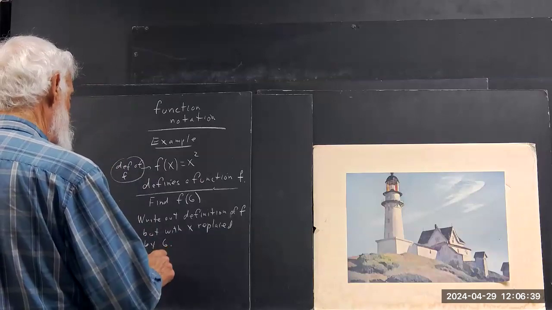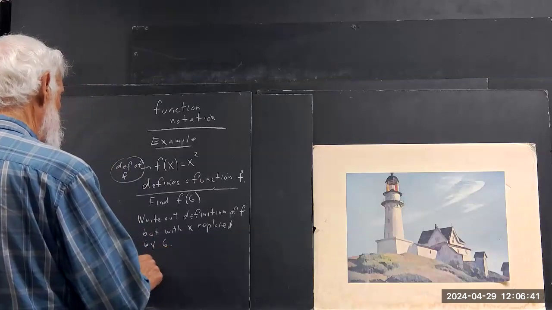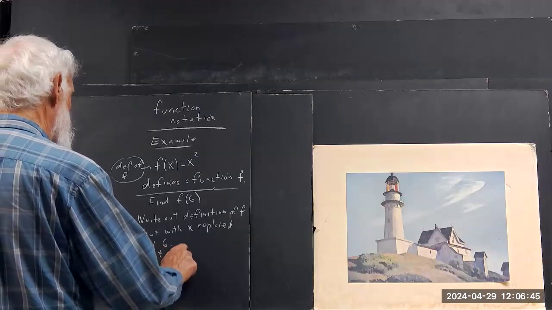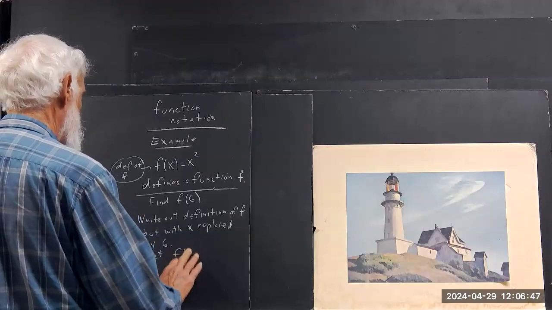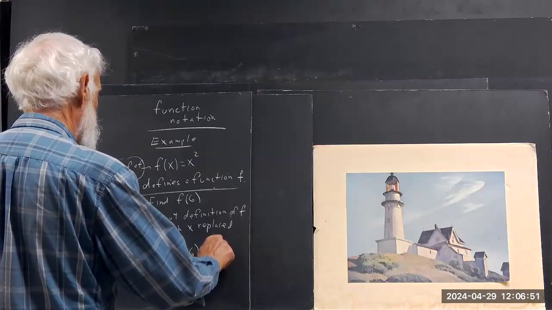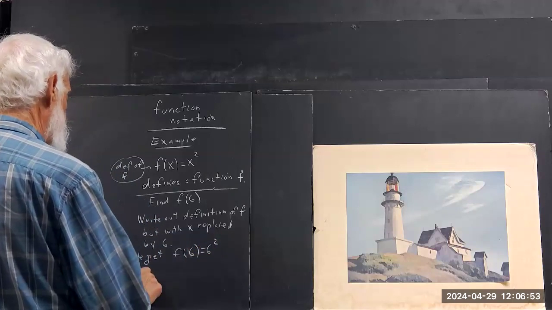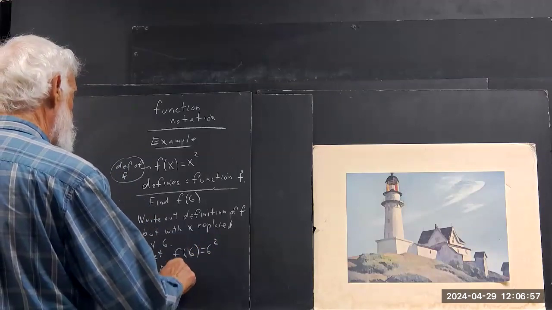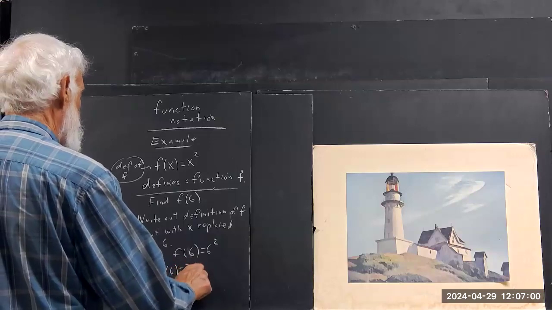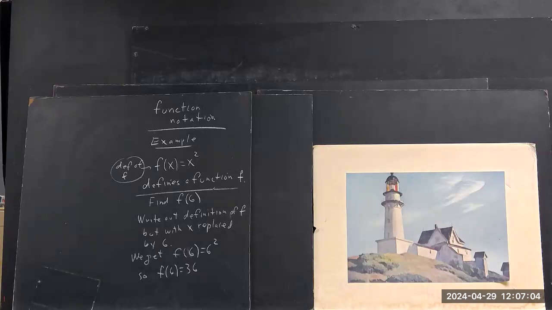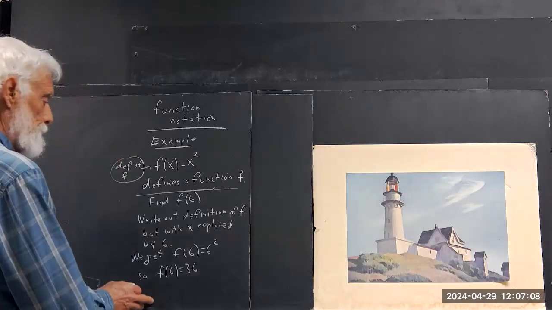And you get f of 6 equals 6 squared. Well, now we can then say that f of 6 equals 36, right? Because 6 squared is 36. Okay.